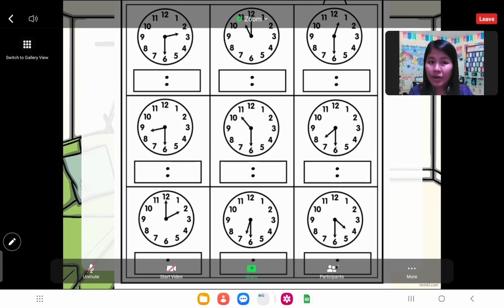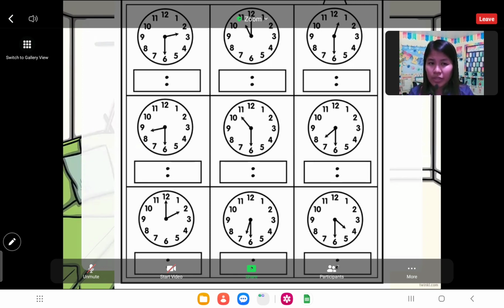Okay, the shorter arrow is the hour hand. The longer arrow is the minute hand. Where is the shorter arrow pointing at?